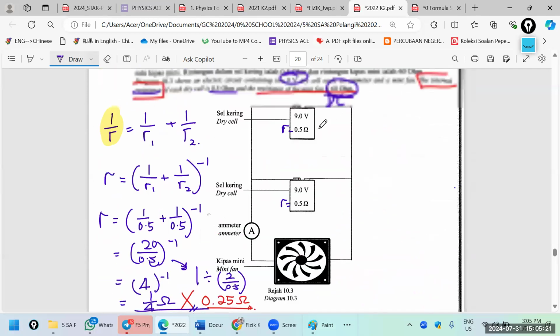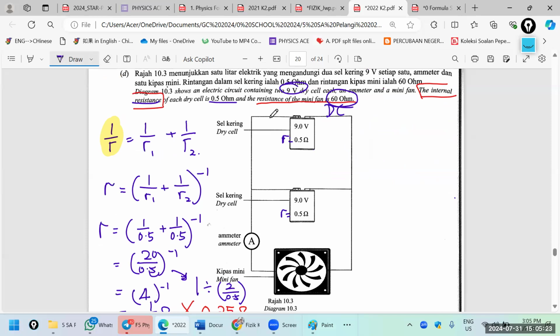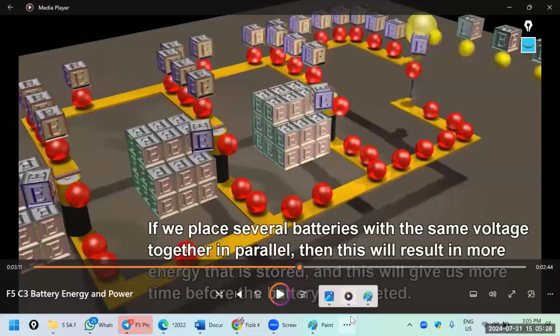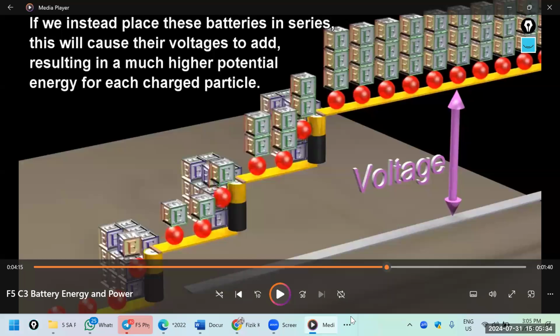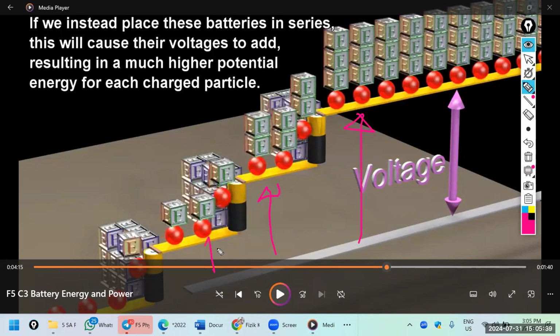Because it is parallel, so it does not need to add up. Can you see? The voltage is not summed. If it is series, then you can see the voltage increases and increases. This is in series connection.